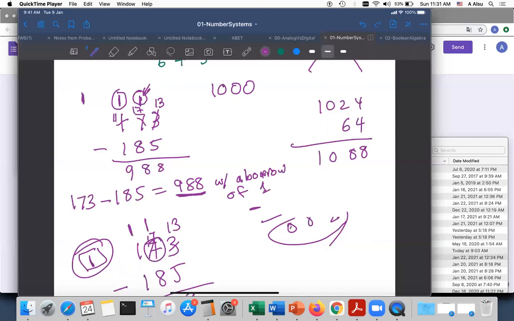Okay, this is the magnitude of the borrow. It's minus 1,000. So the answer for us as humans is going to be 988 minus 1,000. Okay, which is nothing but minus 12. Does it make sense? Actually, 173 minus 185 is minus 12.